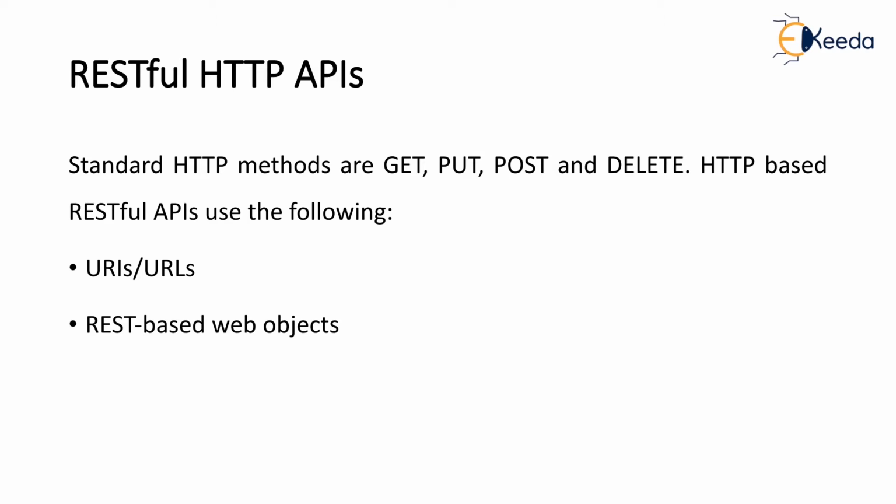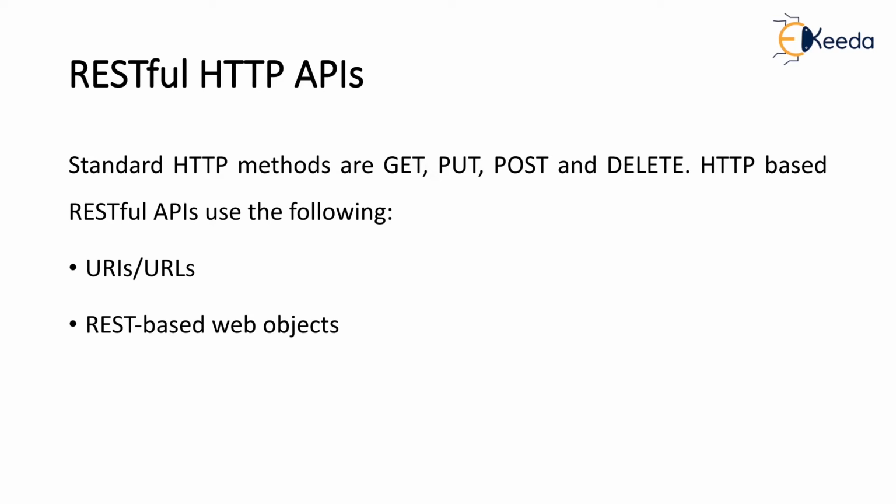JSON, JavaScript Object Notation, is an internet media type, that is, a MIME type. These are called hypertext links. With the help of URIs and URLs, this is one of the methods followed by the RESTful architecture through the HTTP method.